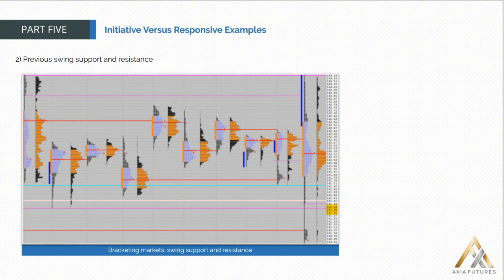The market continues to ping almost between what we like to think of as an initial support zone and an initial resistance zone. The important thing to understand just looking at this chart is that the price isn't necessarily aggressively moving off support or moving off resistance, and there's a very good reason for that.